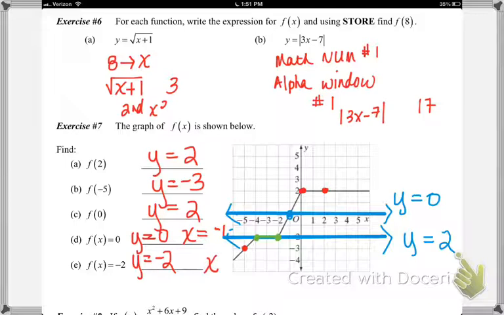So when x is less than or equal to negative 2 and greater than or equal to negative 4, you write that down a little better at the bottom so it's a little bit clearer to see. So when x is less than or equal to negative 2 and greater than or equal to negative 4, y is equal to negative 2.